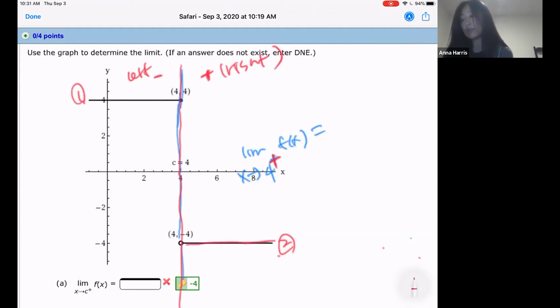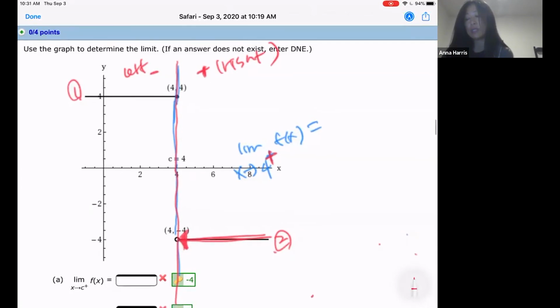So I'm looking at this graph. Where does this limit approach to? Limit approaches which number? -4. So this is -4. Are you guys following me? Okay, Stephanie, are you with me now? Yes, I am.